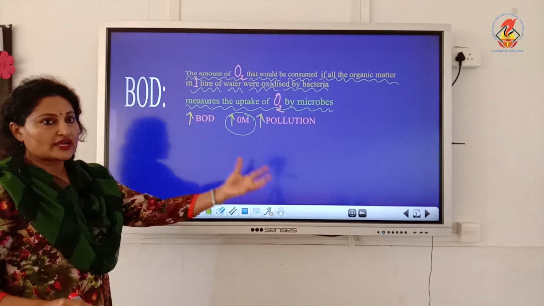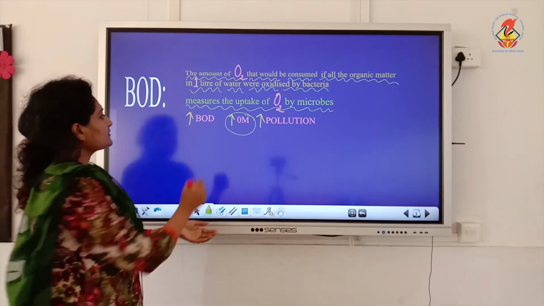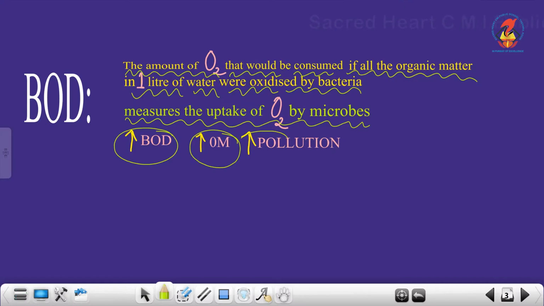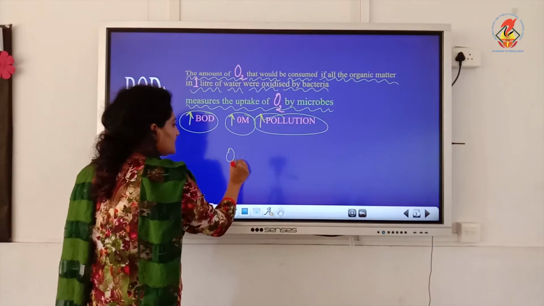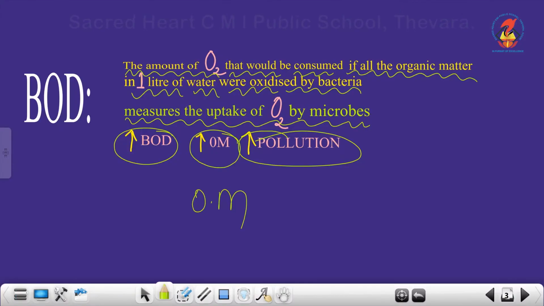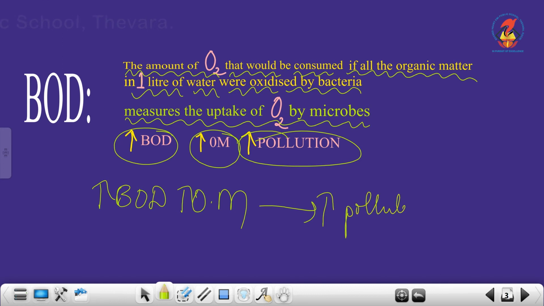See, if there is a lot of organic matter in the tank, it means the BOD is high, which indicates high pollution. Okay, so you understood the relationship. If the amount of organic matter is high, it indicates that the BOD is also high, and this is an indicator that the water is highly polluted. Clear?